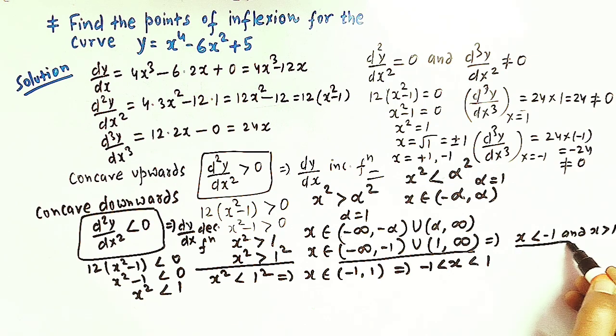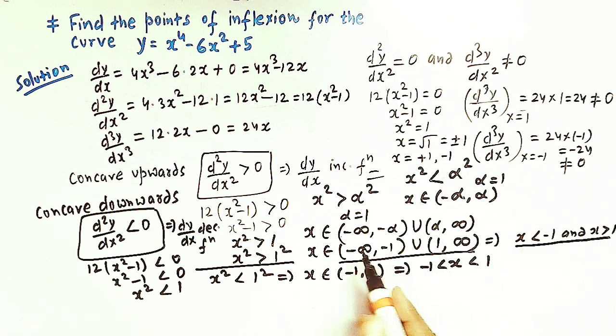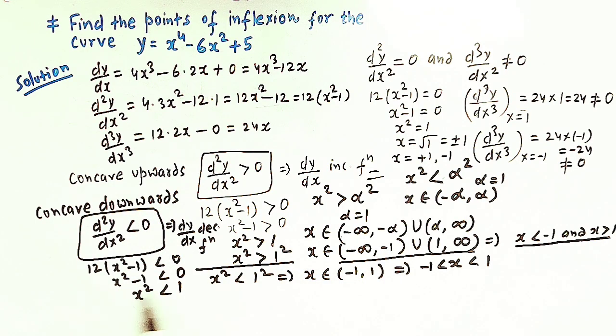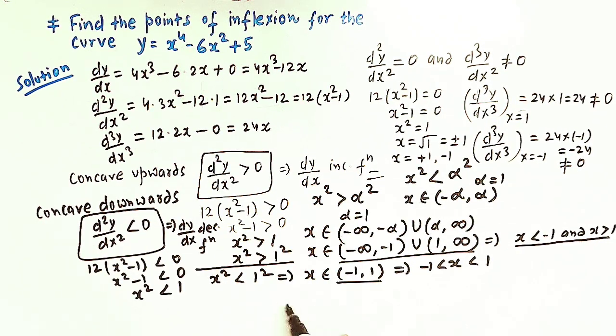So in this interval the function is concave upwards, and in this interval the function is concave downwards, that is x should be greater than minus 1 and less than 1. So now let us draw the real number line.